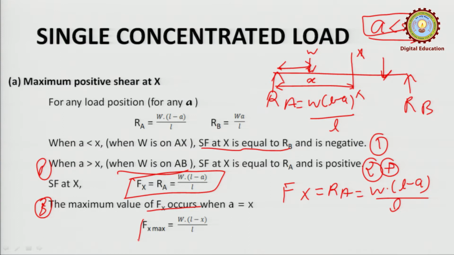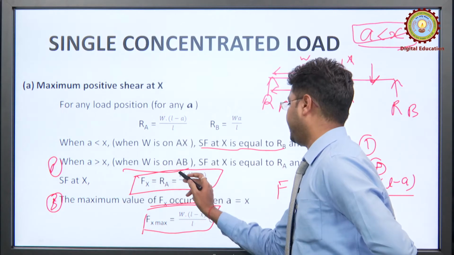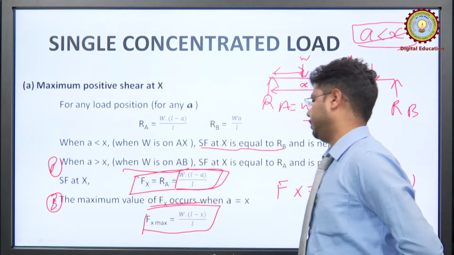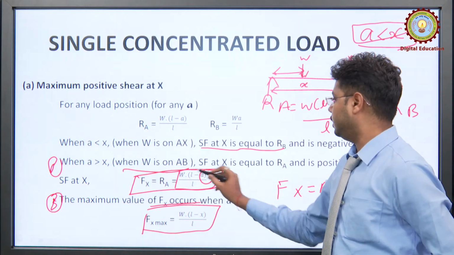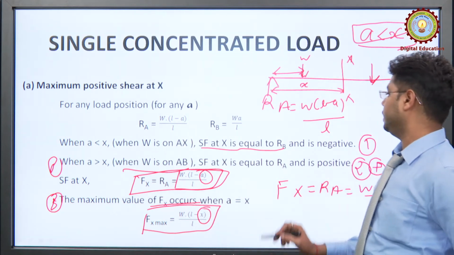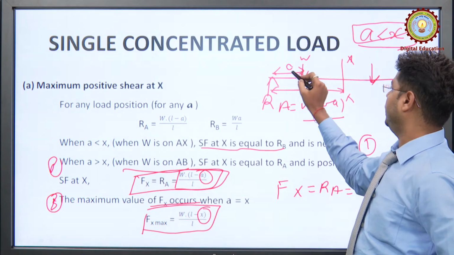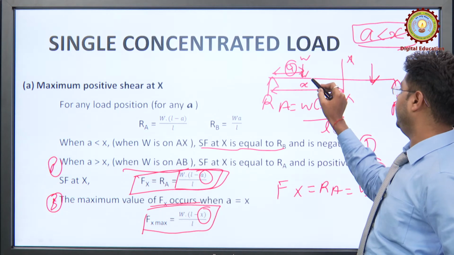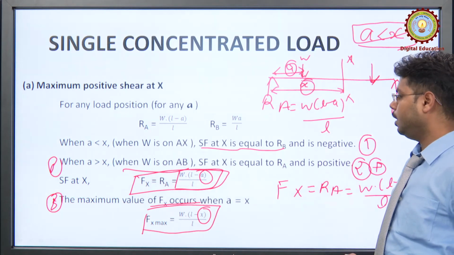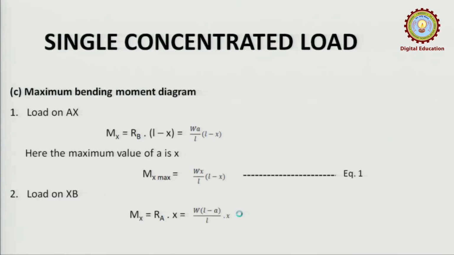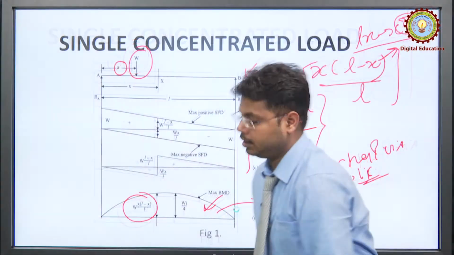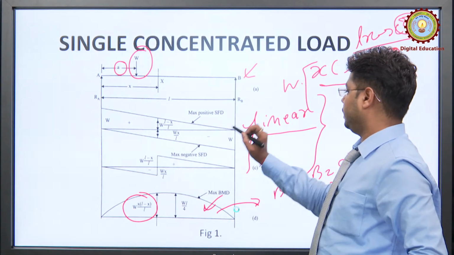This value and this value are almost the same. The difference is that here the reaction is given at A, and there the reaction is given at X. This is the maximum shear force, as we can see in the given diagram.